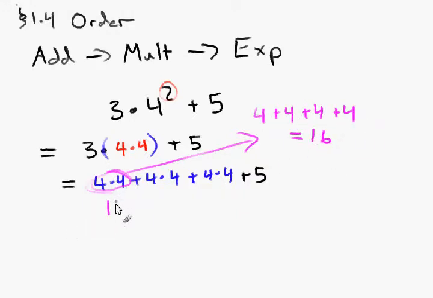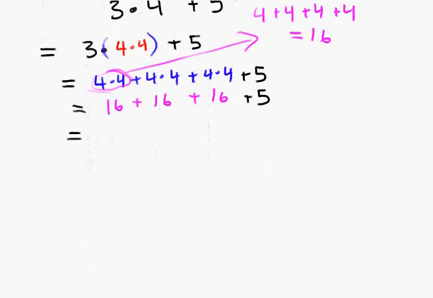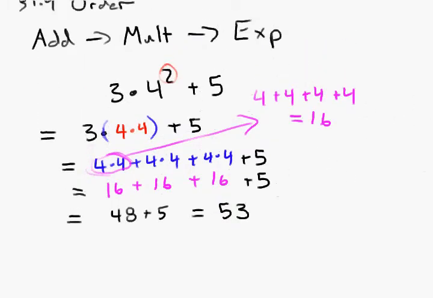So this guy becomes 16, this guy becomes 16, and then this guy becomes 16, and we're adding 5 in at the end. Okay, and we want to write everything in terms of addition. So this is 32, 48 plus 5, and that's 53. Okay. We've broken everything down into addition.